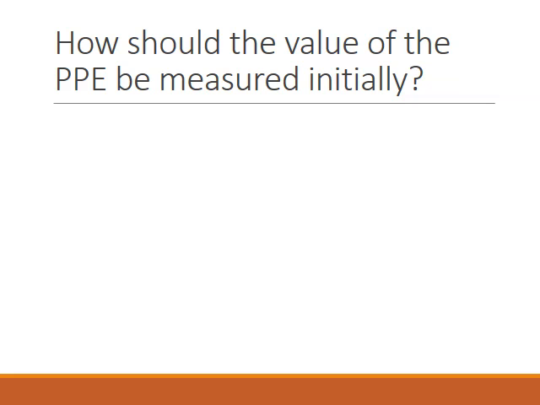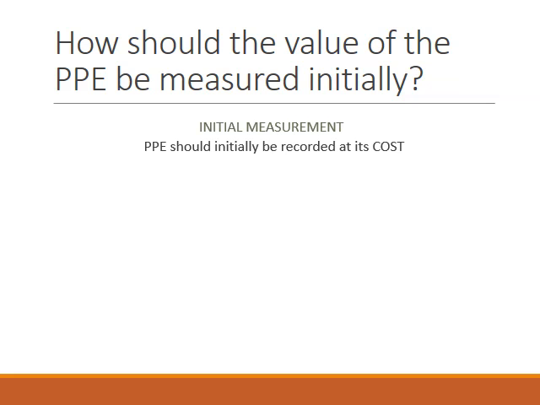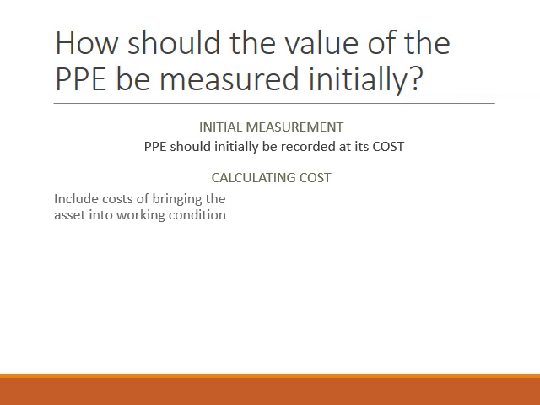So how should we value property, plant and equipment at the start? Well, it should be recorded at its cost. Now when we're thinking about our cost, we need to be able to identify how to calculate that cost. And we're going to include all costs of bringing the asset into working condition. So that would include things such as the purchase price or any import duties payable on it.